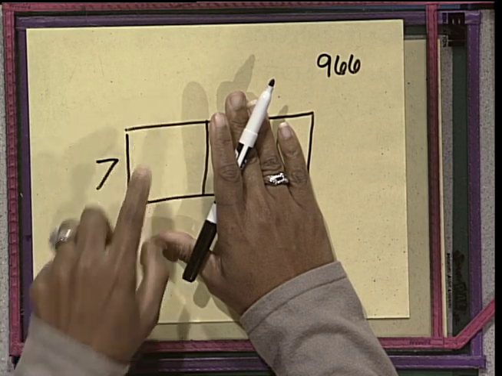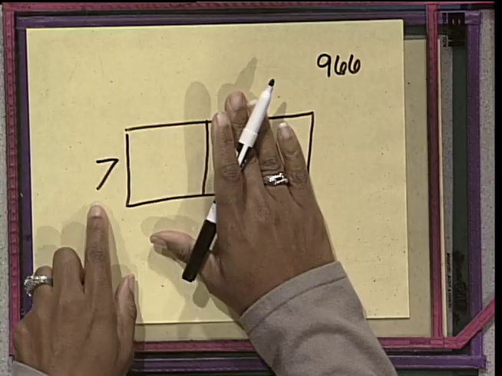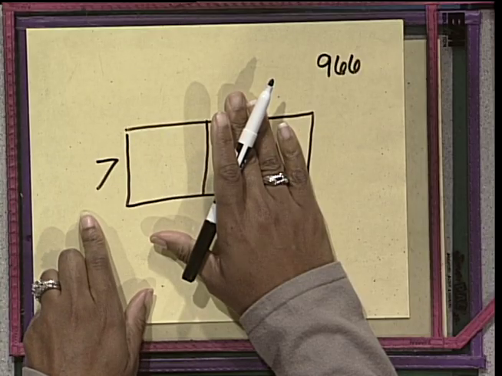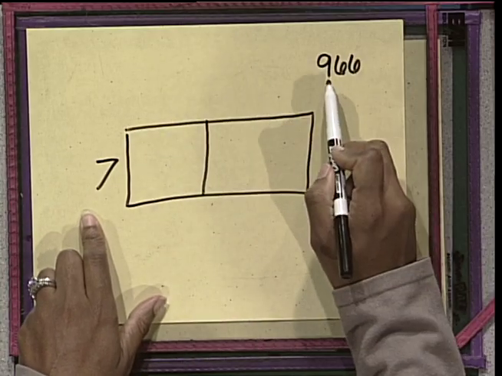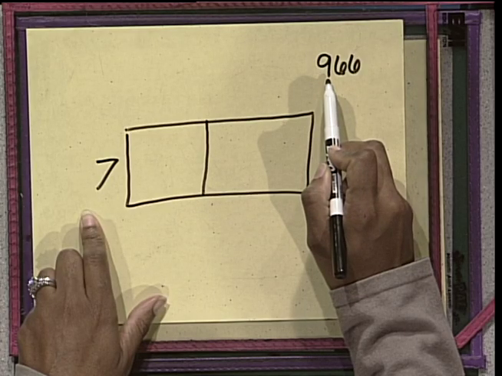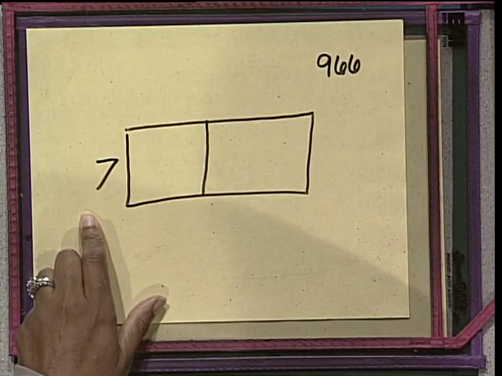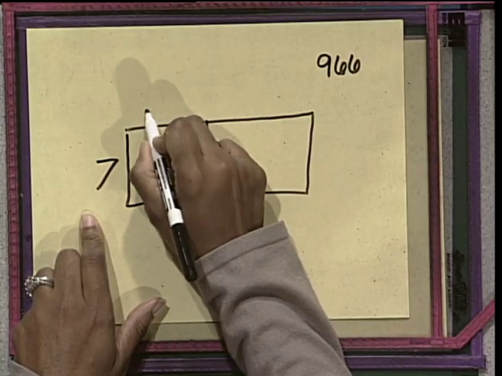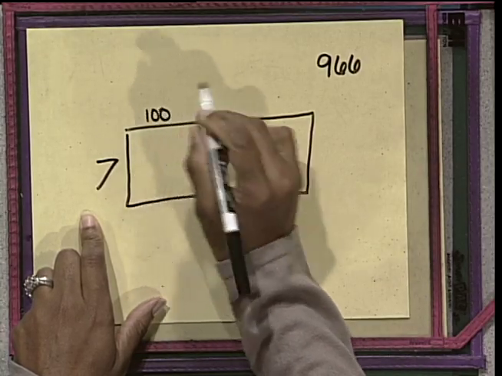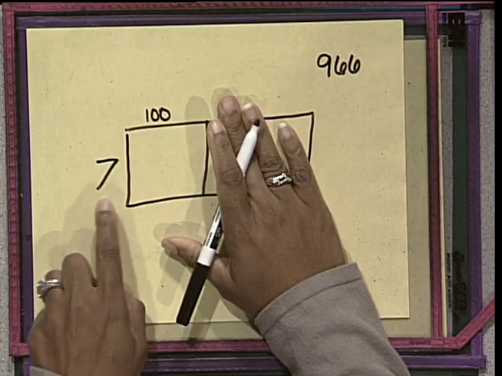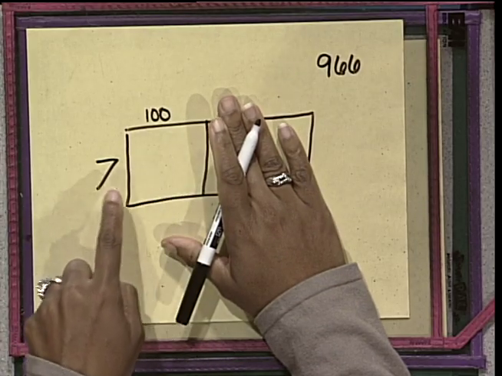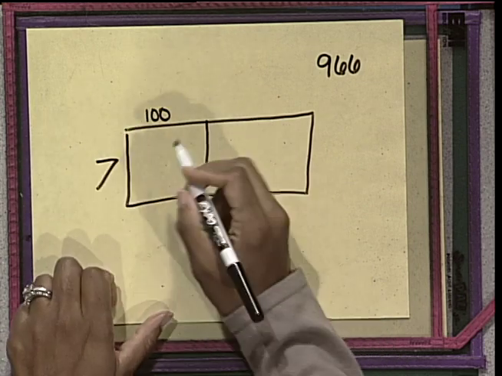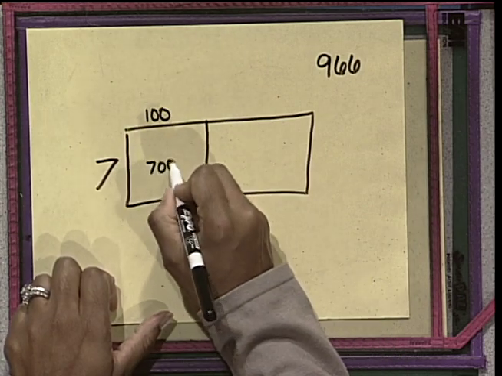If I put 200 up on this width, 7 times 200 would be 1400. 200 would be too big because our area is 966 units. So I'm going to begin with putting 100 units here, which will give me the area of this portion of the rectangle, 7 times 100, which is 700.